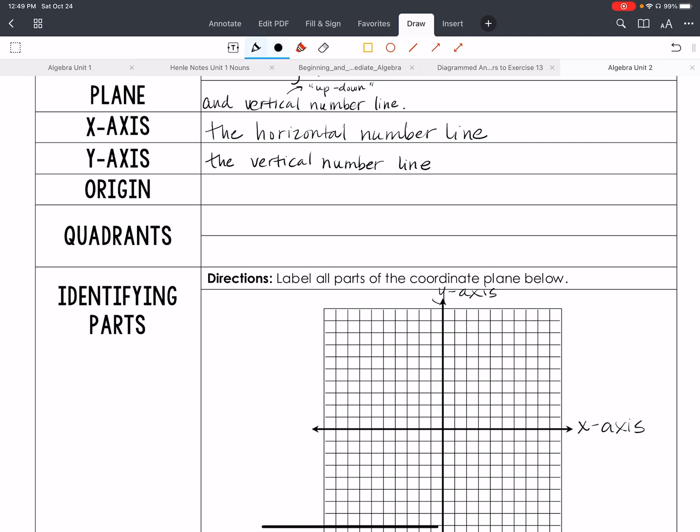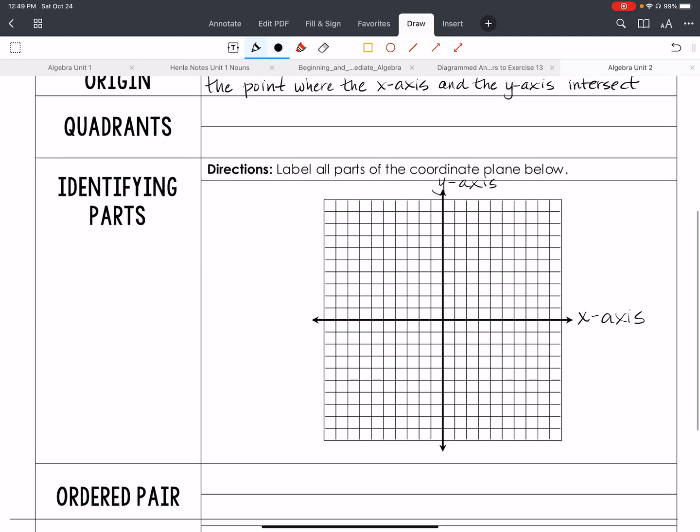So we'll define that as the point where the x-axis, that's our horizontal one, the left-right one, and the y-axis intersect. And people tend to mark it with an O, like that.